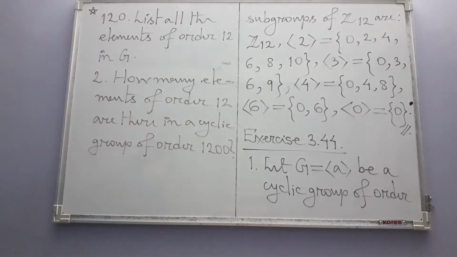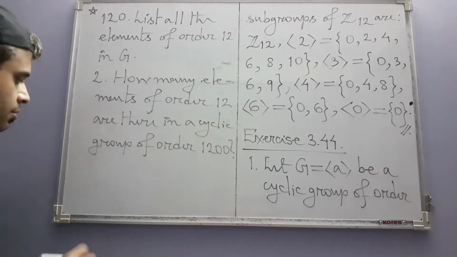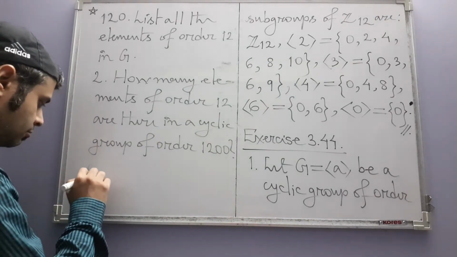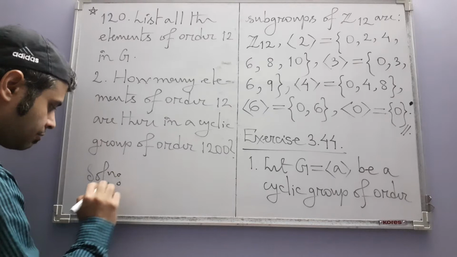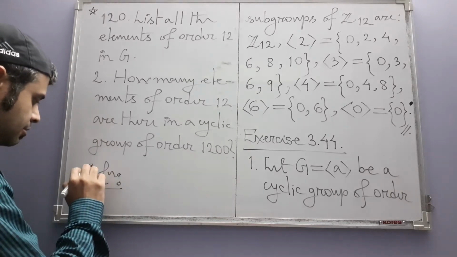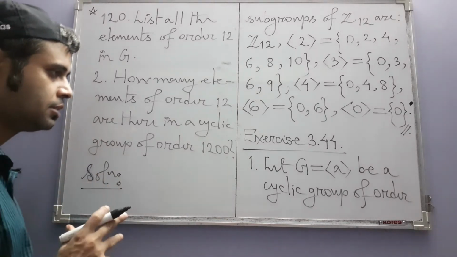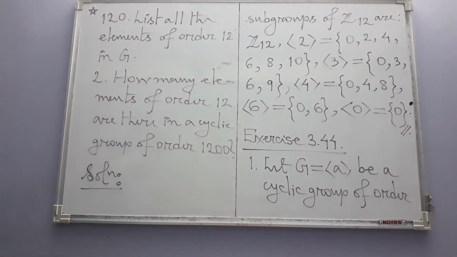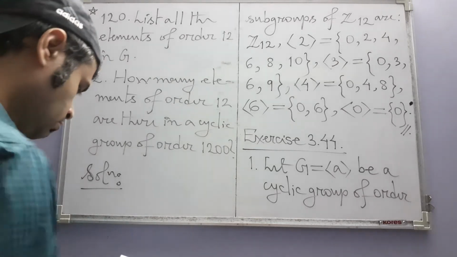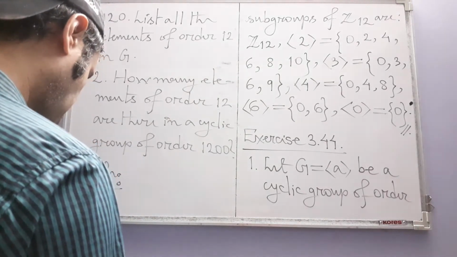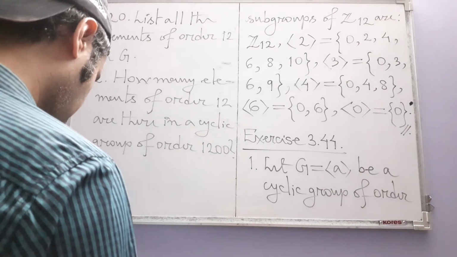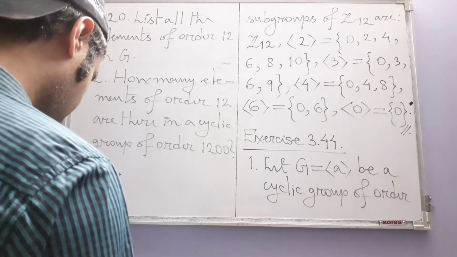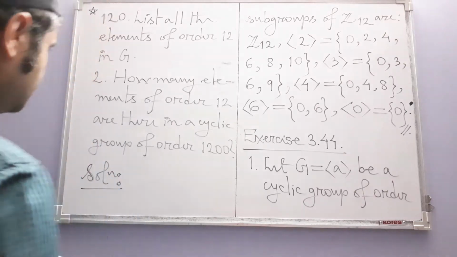Okay, so here in the first subdivision we have to find all the elements in G which have order 12. So we recall one result from a previous section.